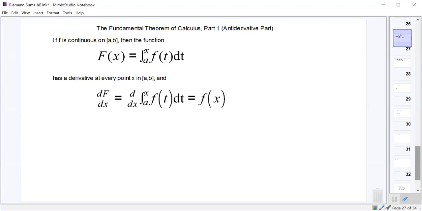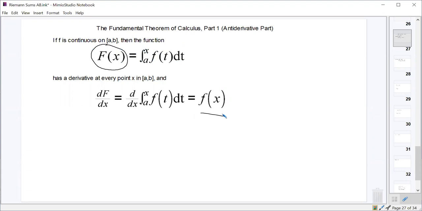And it basically states that the integral, which I will also refer to as an antiderivative, is just the opposite operation of the derivative. So that if I have some function, capital F of x, that represents the integral from a to x, so from some constant to some variable of some other function, and I take the derivative of this capital F function, I just come out with the original function.